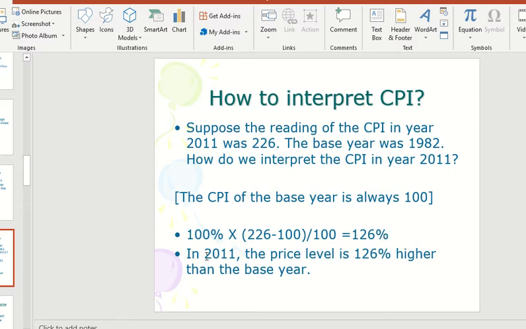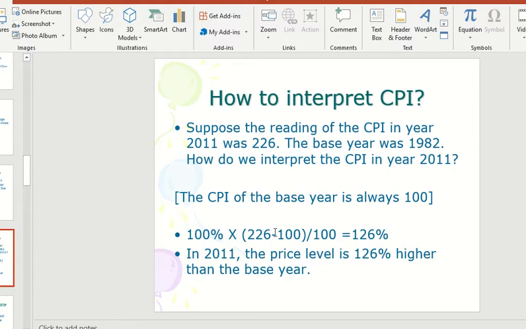What that means is in 2011, the price level is 126% higher than the base year, whichever the base year was. Many of you will find that we don't even have to go through this calculation because it can be quite simple.